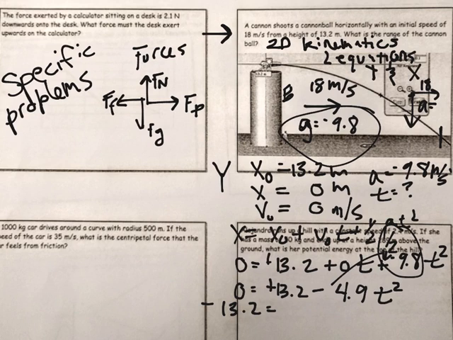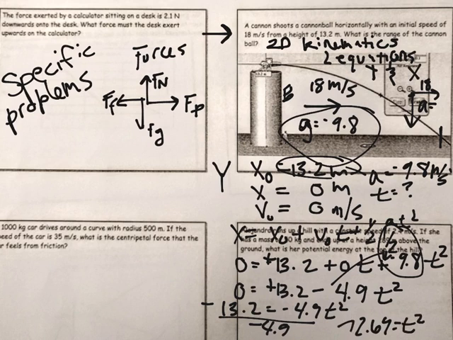I prematurely called that negative 13 because I knew it was going to be negative. Sorry. Anyway, this is positive 13 because it's above the ground. Like I stated here, I switched it when I moved it down for whatever reason. I get negative 4.9 t squared divided by 4.9. That gets you 2.69 is equal to t squared. Square root it, and then t is equal to 1.64. This is our y equation.